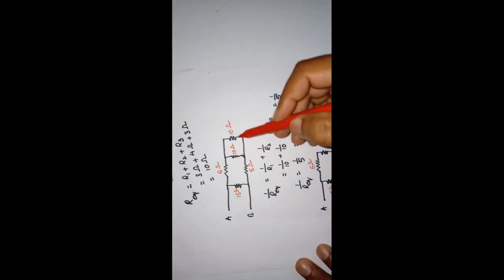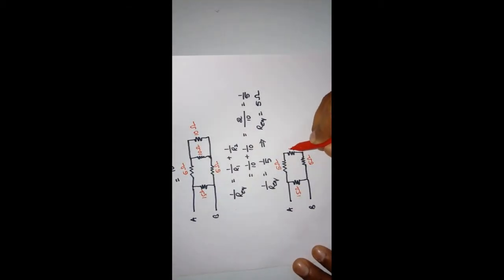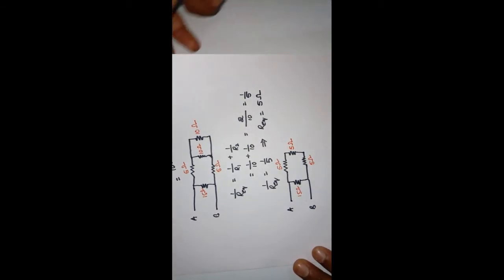So this is 15 ohms and this is 5 ohms as before. And this is also 5 ohms as before, and this part will become 5 ohms. So the circuit will change like this.